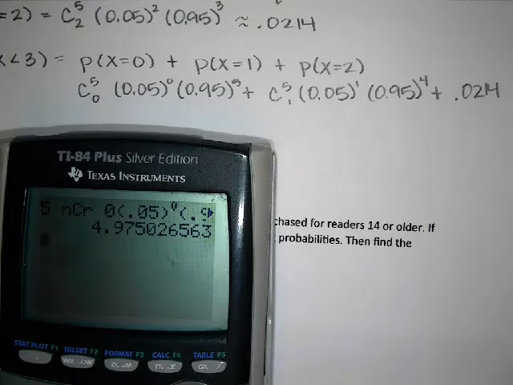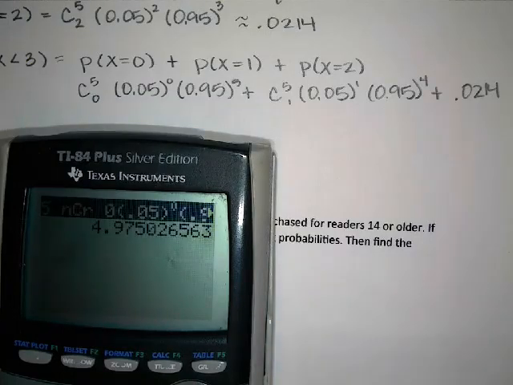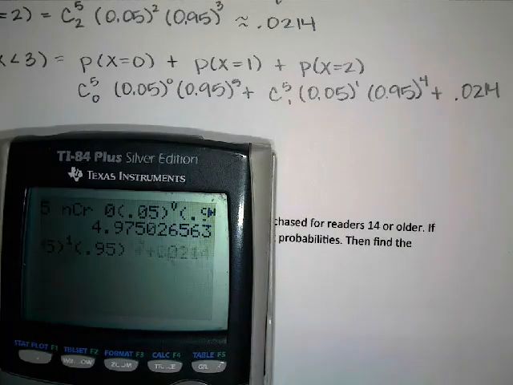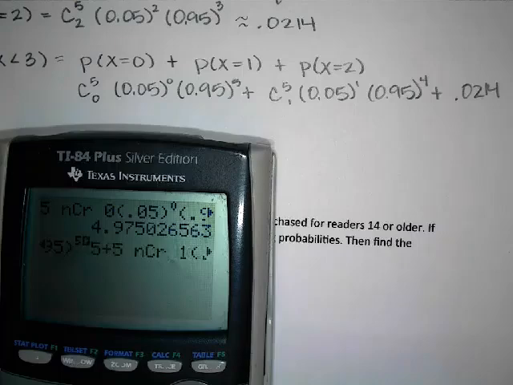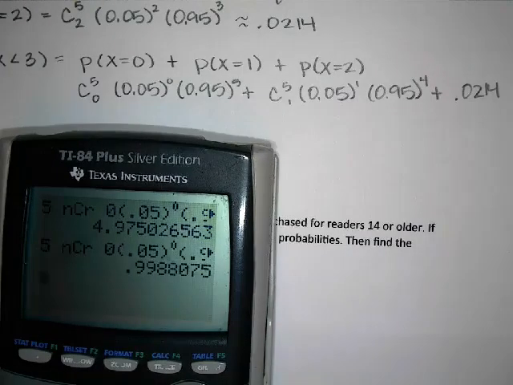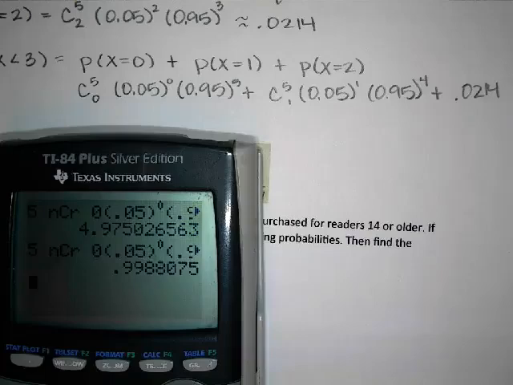I have a typo in there somewhere. Let me look to find it. Oh, there it is. Okay. So, I knew that I had a typo because you can't have a probability that's more than 1.